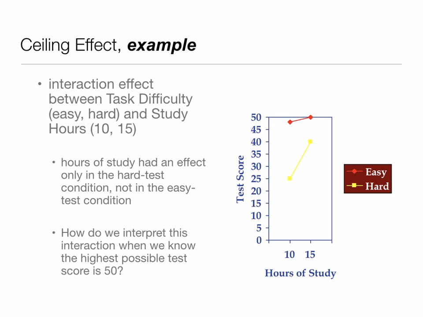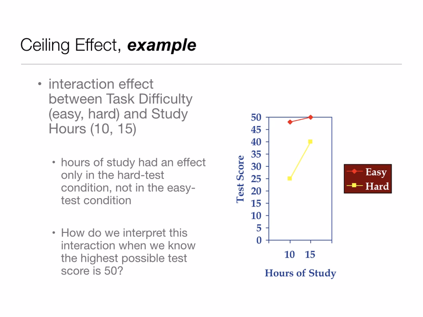Here's an example of that. Here we're looking at test score, and the 2 independent variables they looked at were the number of hours that they studied, whether they studied 10 hours or 15 hours, and the kind of test that they were given. The red line is an easy test and the yellow line is a hard test. Well, here it looks like there's an interaction because these lines are not parallel.